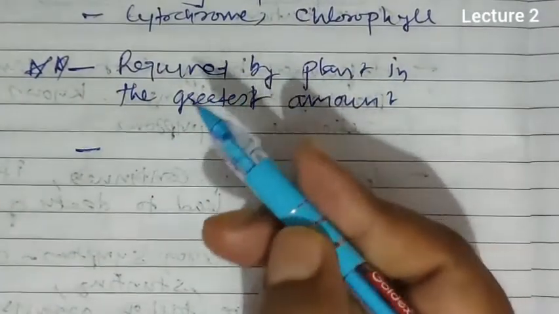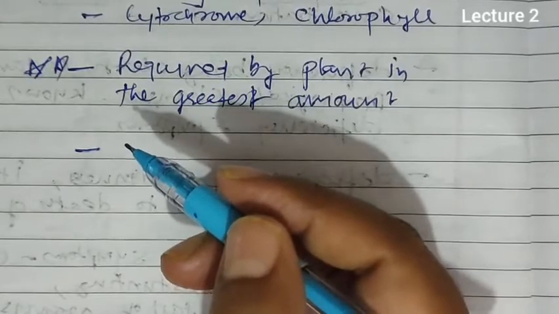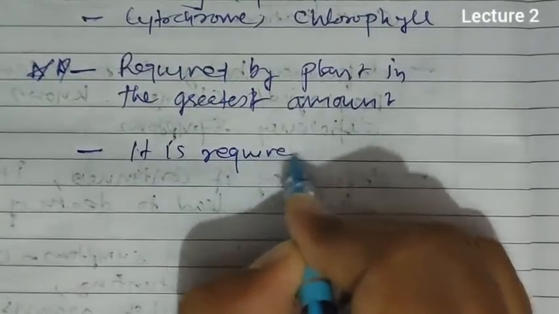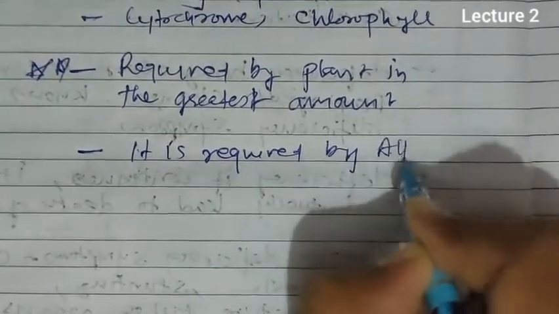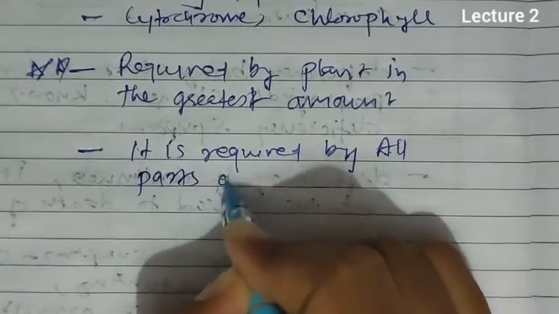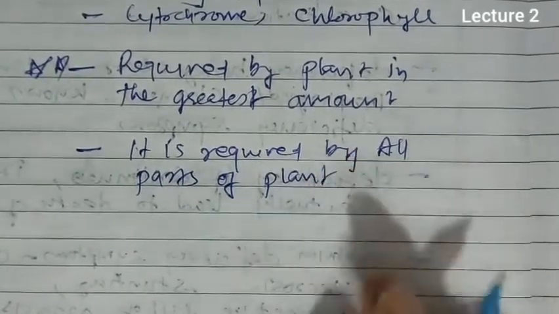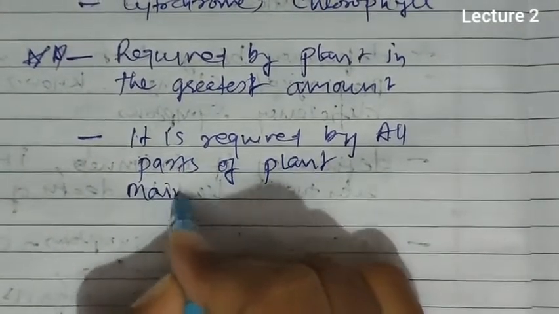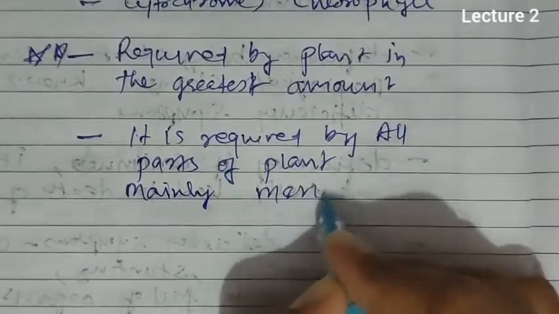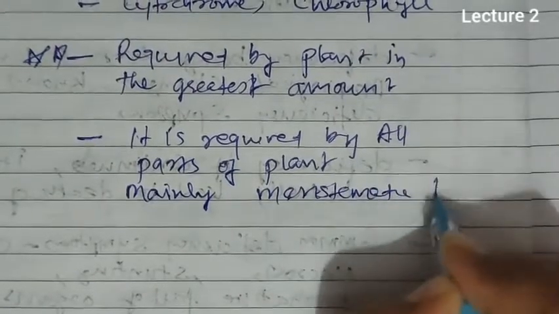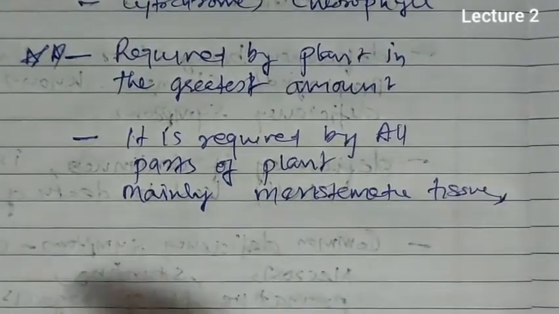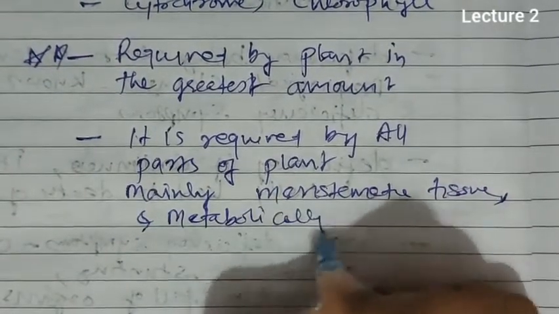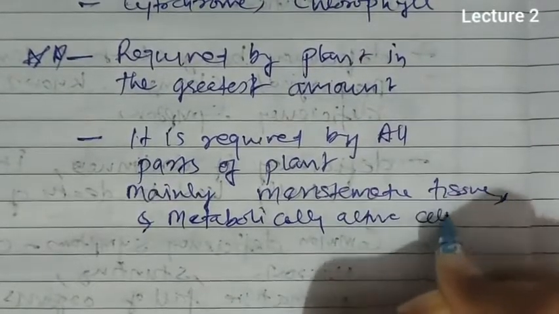Next, nitrogen is required by all parts of the plant, mainly meristematic tissue and metabolically active cells.